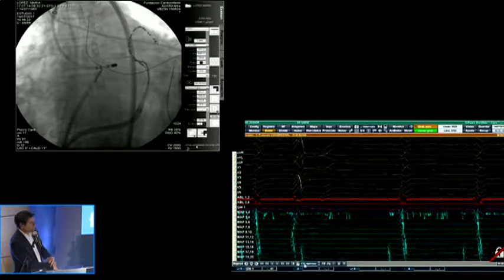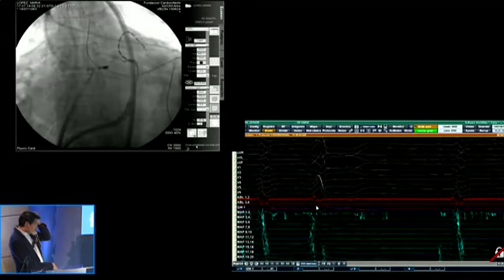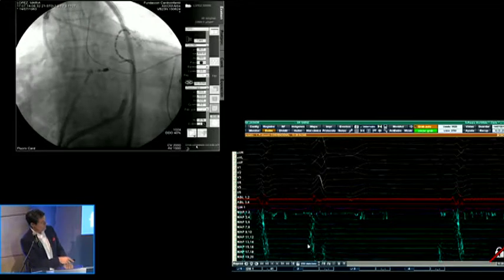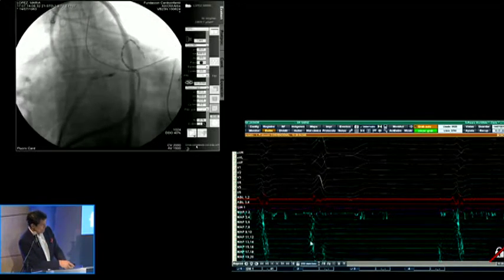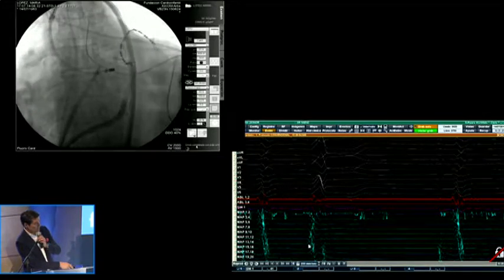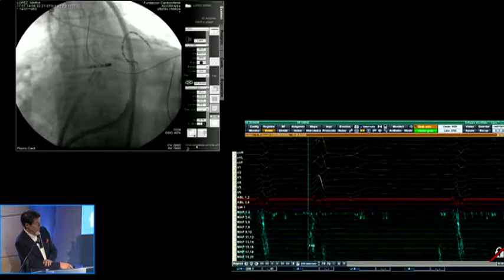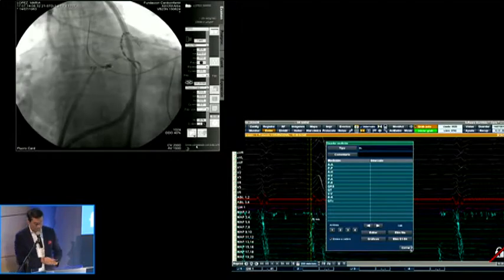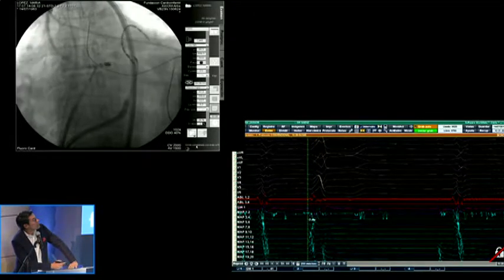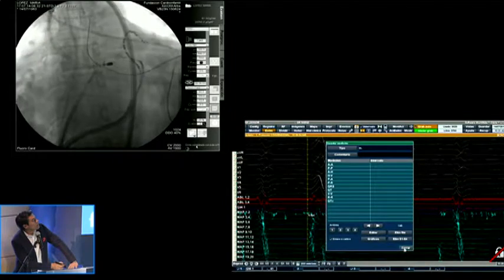Well, here you can see. I'm going to put it at 200. This is the decapolar. The early activation is sharper, is 13, 14. If you place the caliper here, you move upwards, you see that the QRS, this is the activation. But I am going to remove these for the time being.